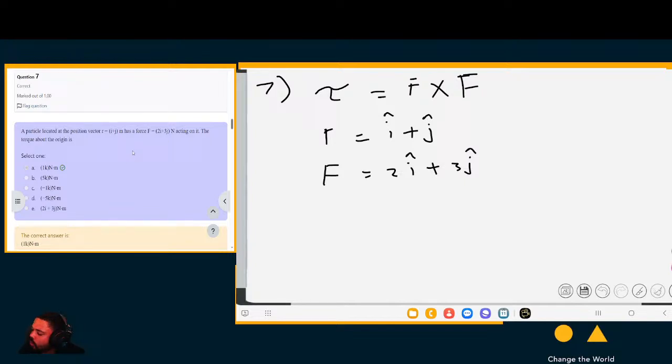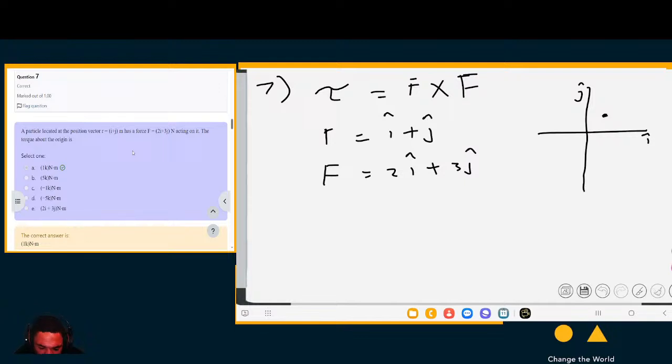Now, about the origin, so this position, I'm going to try and draw it quickly so you can see what it is. This position is somewhere here, 1 and 1. This is the j hat direction, this is the i hat direction. So this position is somewhere here, this is point r.